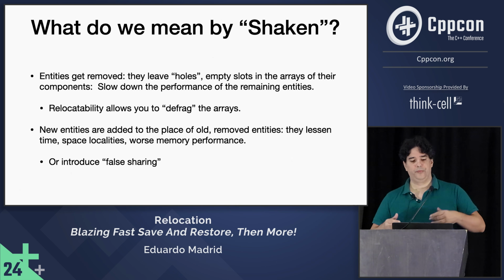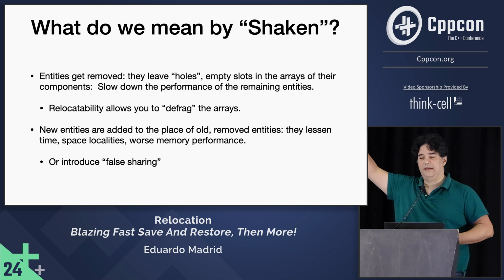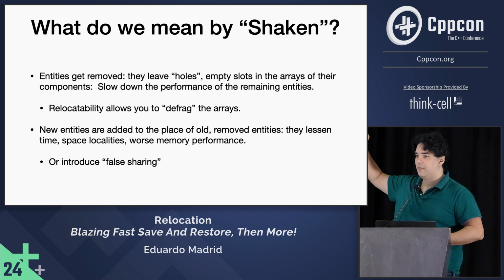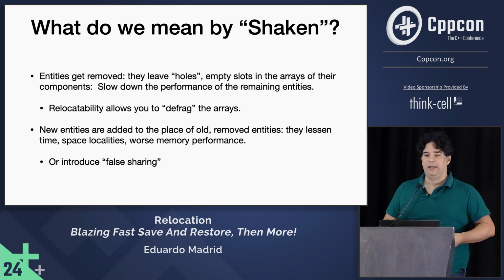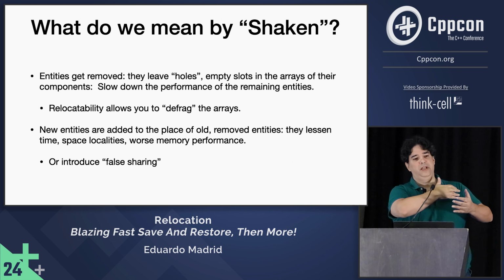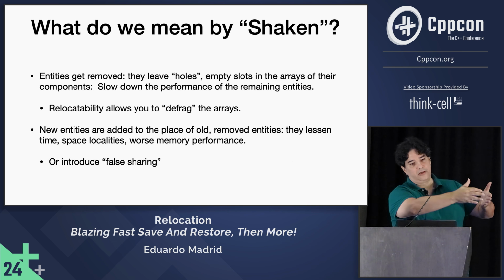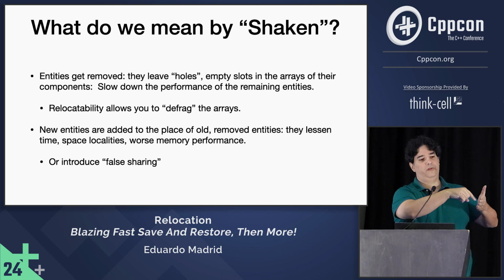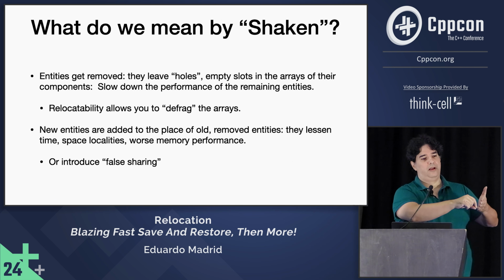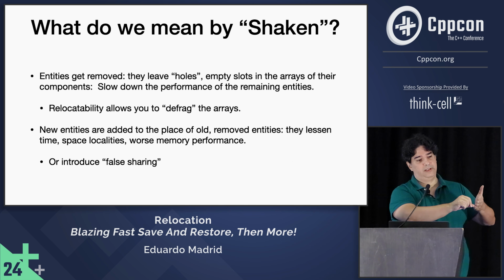So when entities get removed, they are going to be leaving holes in the structures of arrays, right? Slots that are not used anymore. So if you have, for example, something that will traverse the entire collection of homogeneous data elements, now you have to make the proviso that some of those indices will not have a valid data member in them.